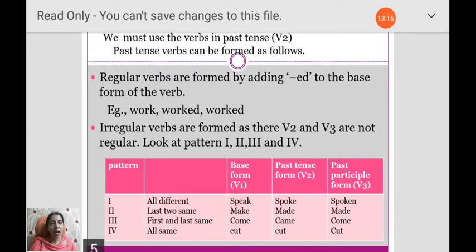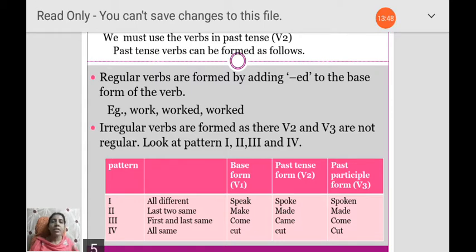Arrange: here also we are adding d. The ending is ed. Arranged, arranged. Discuss, discussed, discussed. Attend, attended, attended. So in all these forms we are adding ed, and that's why we call these verbs regular verbs.